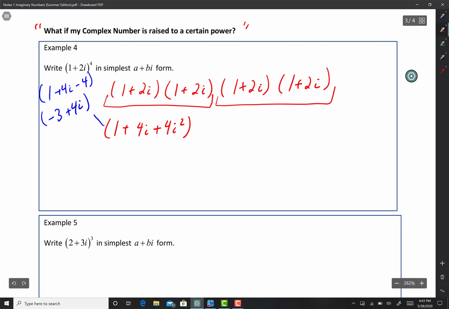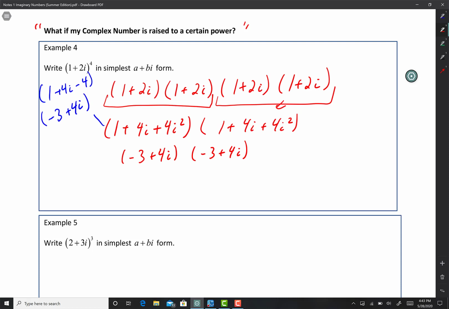And again, you're going to have the same thing over here, 1 plus 4i plus 4i squared from these two, which reduces to negative 3 plus 4i. We're doing the same thing again, guys, and it's really that simple.